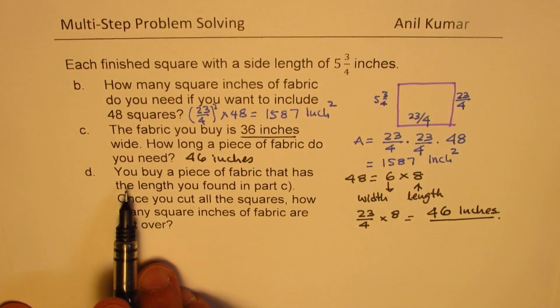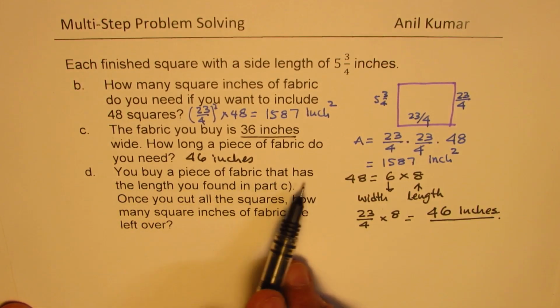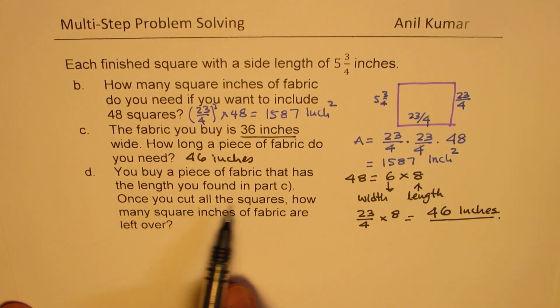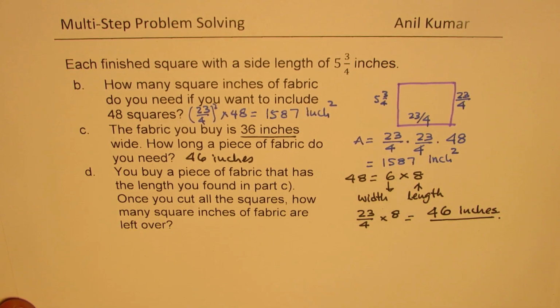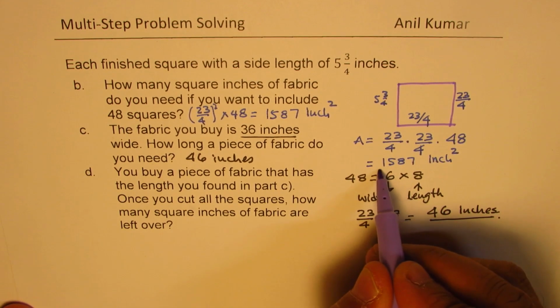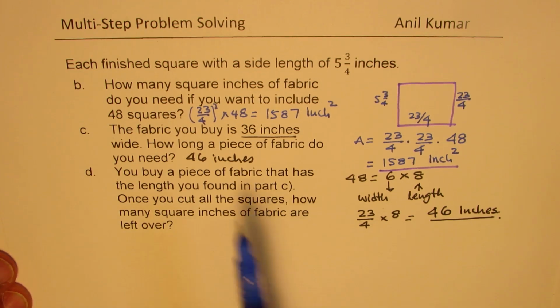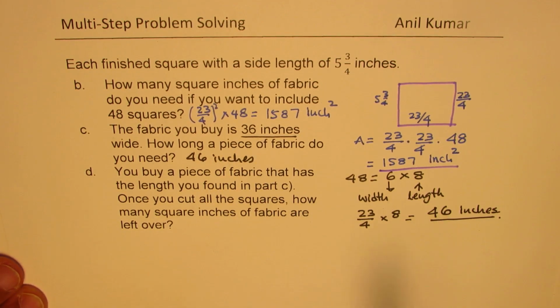Part D is, you buy a piece of fabric that has the length you found in part C. This is 46 inches. Once you cut all the squares, how many square inches of fabric are left? You only wanted 1587 square inches, that is the actual. But how much did you really buy? 36 inches by 46.